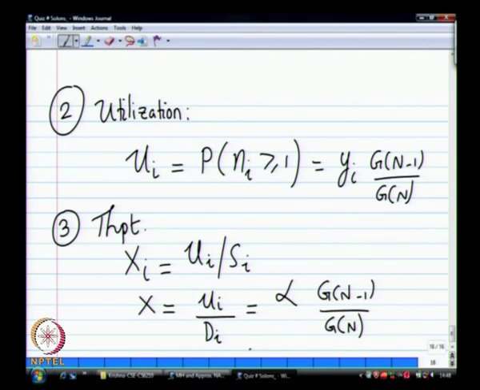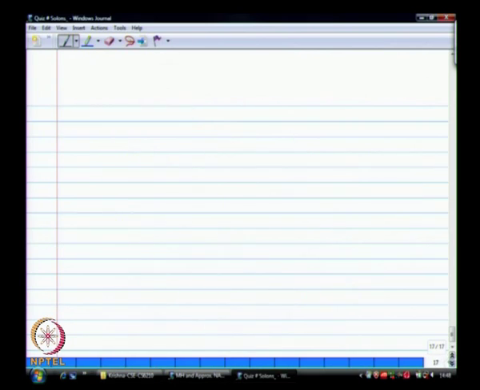So now do we have everything to proceed to calculate R? So we need R_i. So what is R_i? R_i is simply Q_i by X_i, right, Q equals X R. We have computed Q_i from that expression before, we have computed X_i also.